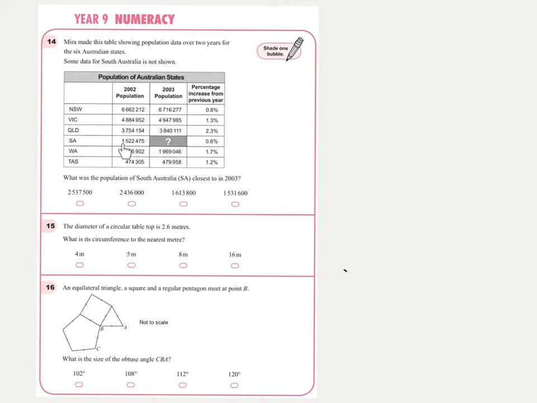So if you had 1%, it would be like 15,000 or something like that. But we don't, so if you're not really sure, you can pretty much calculate. So 0.6%, so 0.6% is the same as 0.6 out of 100, which is the same as 6 out of 1,000.